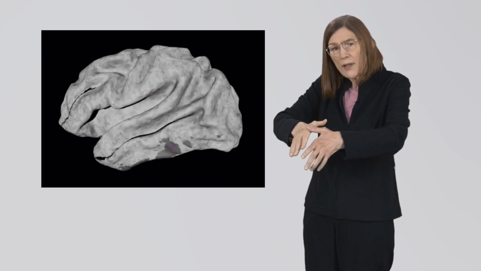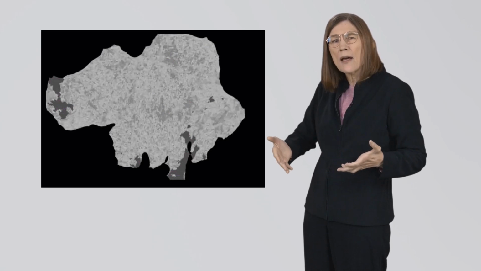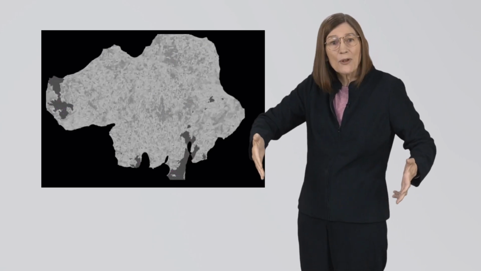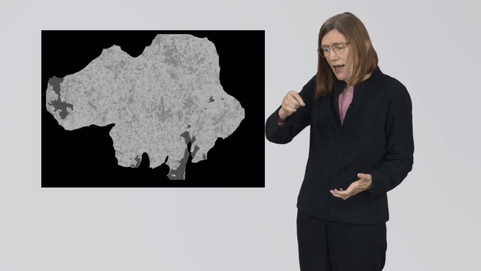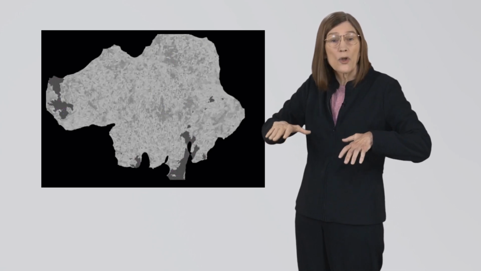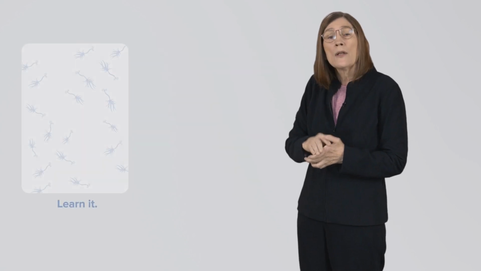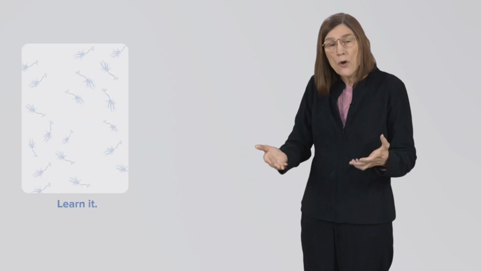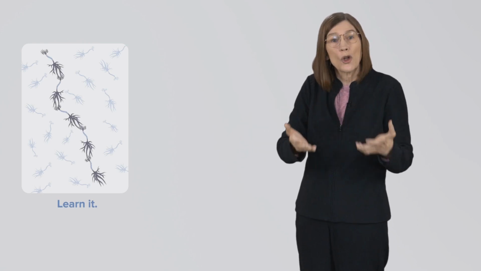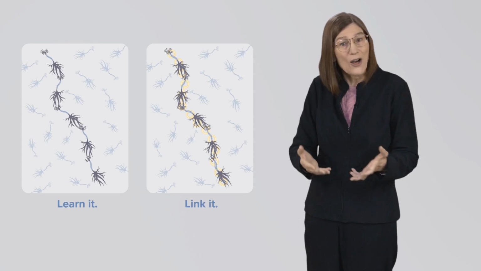But if you spread that neocortex out, it becomes something like a dinner table napkin of that size. It's about 2.5 millimeters thick, and that's where most of your memories are actually stored. So as you're learning, what you're doing is you are linking. Learn it, link it, and that's the heart of how you learn.